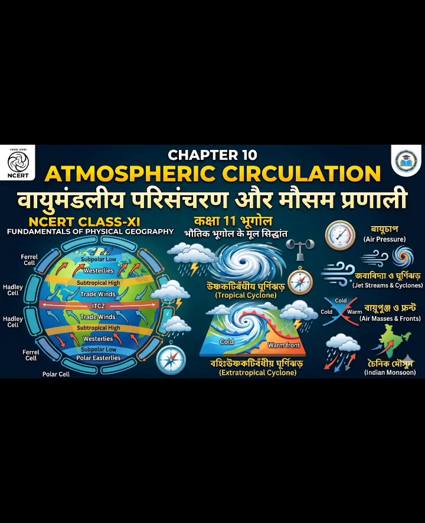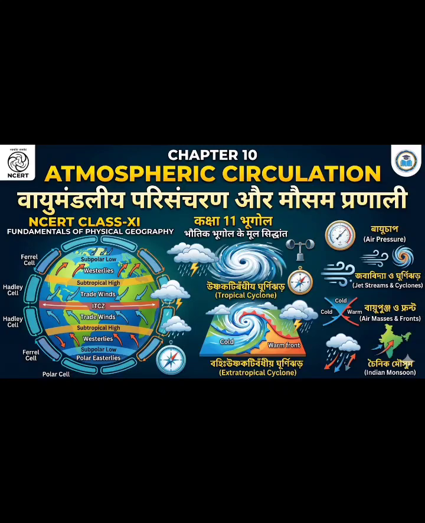The pattern of movement of the planetary winds is called the general circulation of the atmosphere. The general circulation of the atmosphere also sets in motion the ocean water circulation, which influences the Earth's climate. A schematic description of general circulation is shown in figure 10.6.